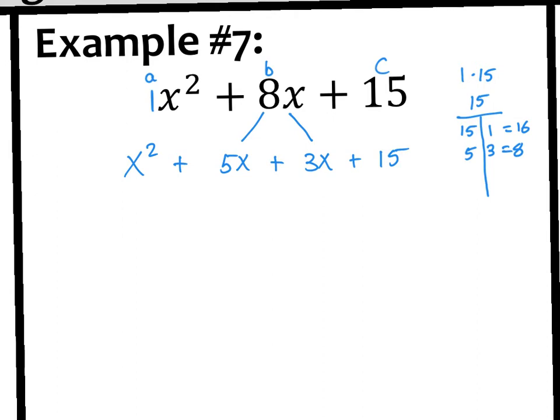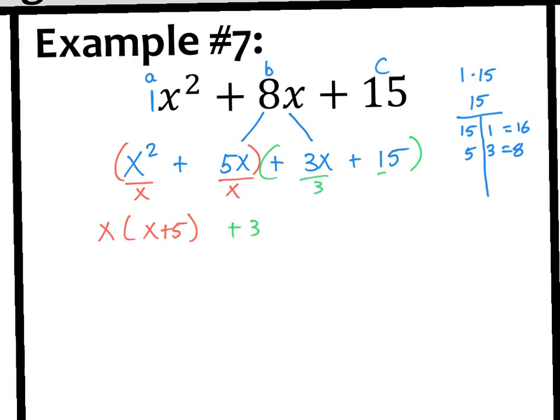So I'm going to group this first group, and then my second group. Okay, common between x squared and 5x is x, so I divide x by both those, and I get x plus 5. And then common between 3x and 15 is plus 3.